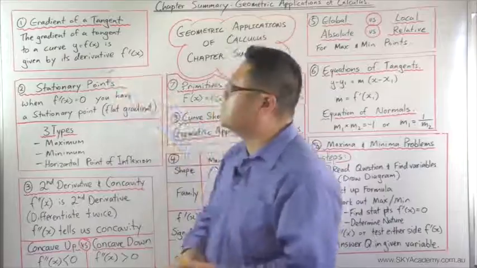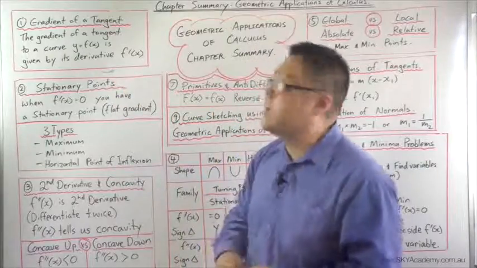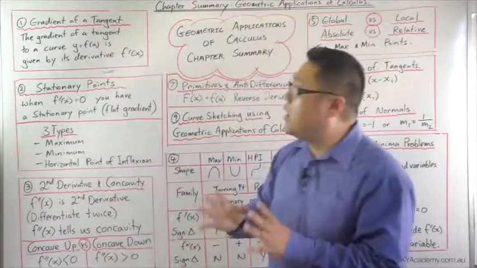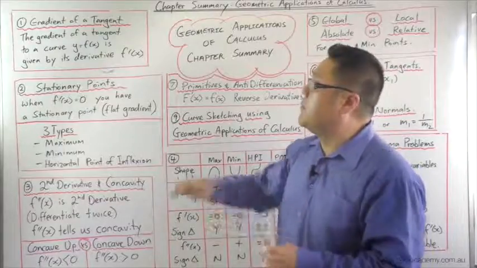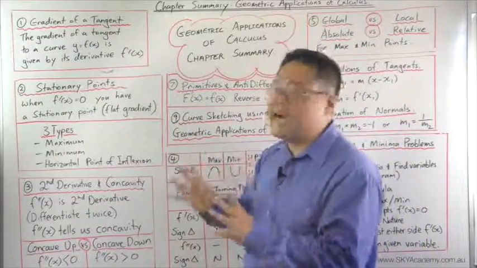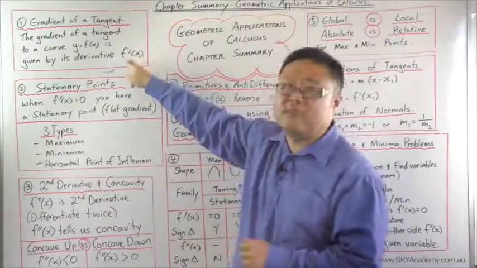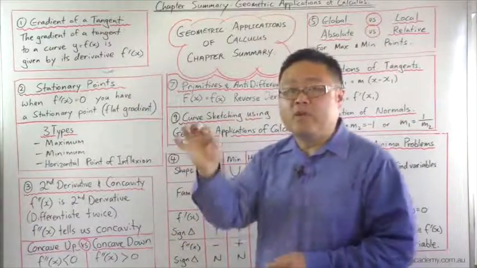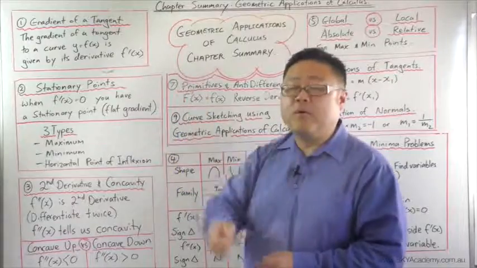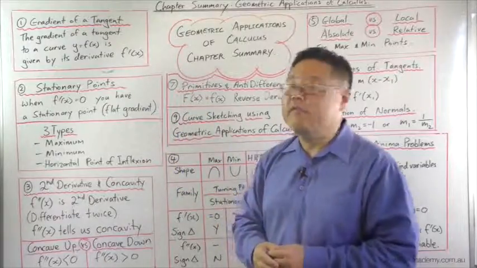Which is what we have to realize. So the gradient of a tangent to a curve y equals f of x is given by the derivative f dash of x, and by substituting into f dash of x the value of x that we want to find the gradient of, okay?